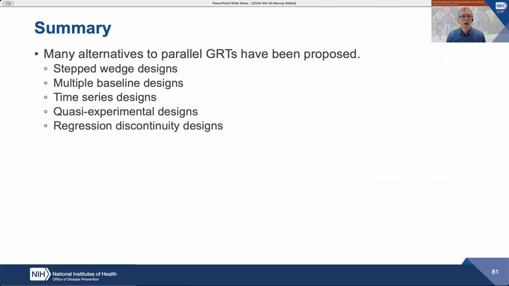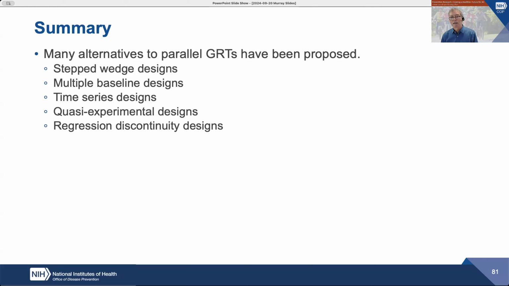So in summary, in terms of alternative designs, there are a number of alternatives that have been proposed. Step wedge designs we talked about early, and we've talked about them as we've gone on. I don't think they're as good as a parallel group randomized trial. But if you can't use the parallel group randomized trial, a step wedge design can still be useful.